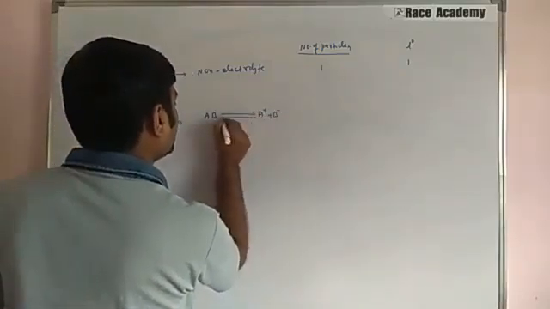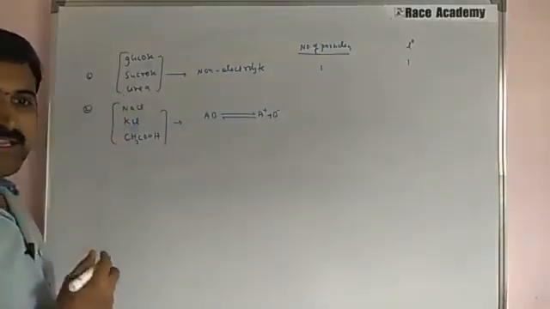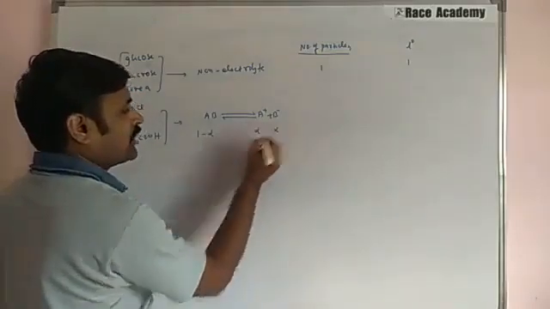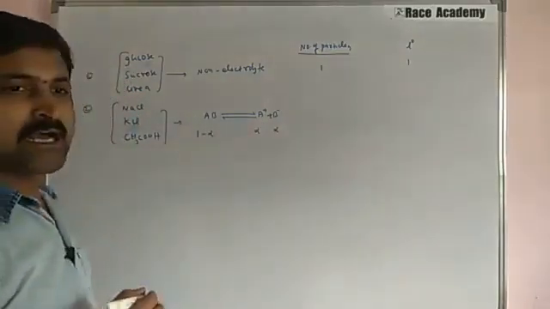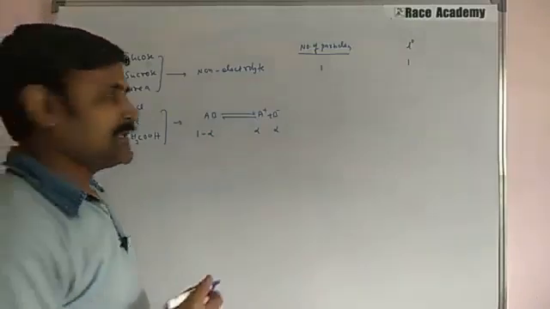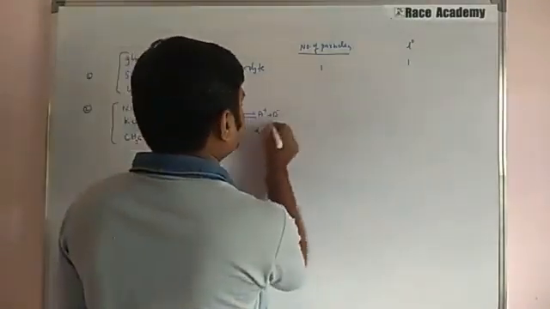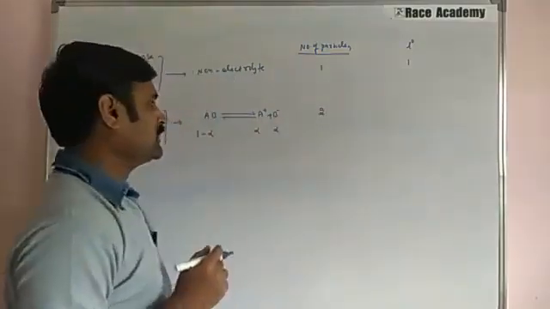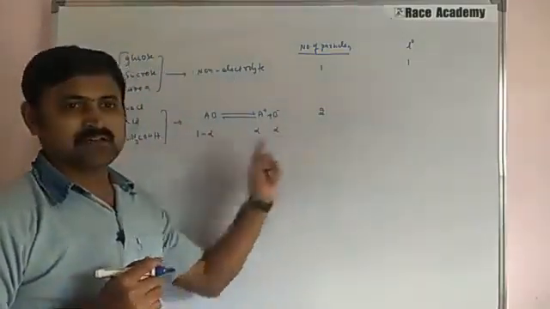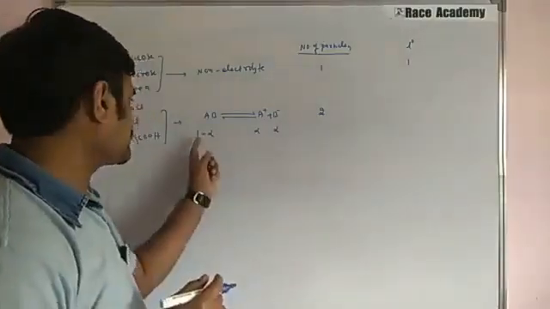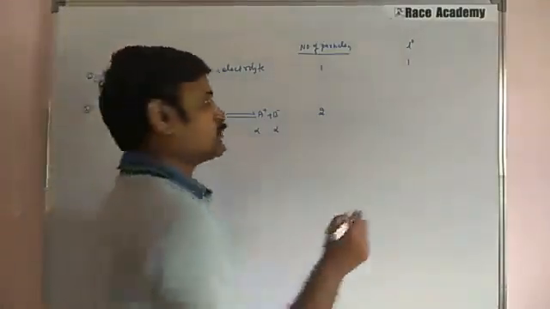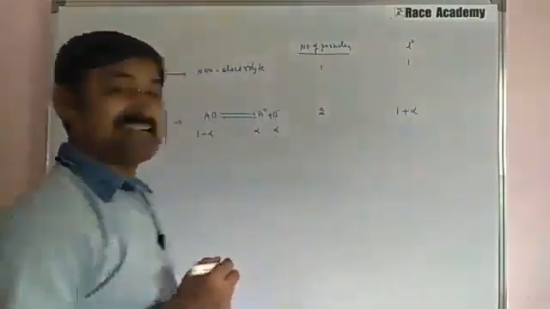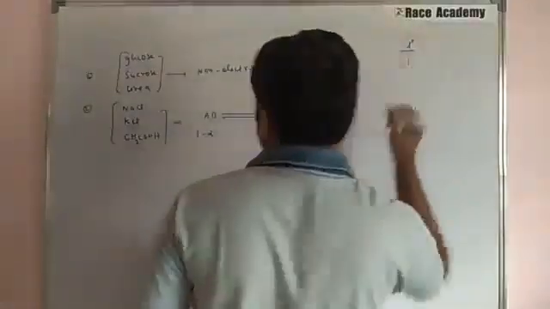Upon ionization, they may give 1 minus alpha, alpha, alpha moles, and the total number of particles will be 2, as A plus and B minus. What is the total number of particles upon this ionization? 1 plus alpha. So that 1 plus alpha we will call the Van 't Hoff factor formula for this type of salts, electrolytes.